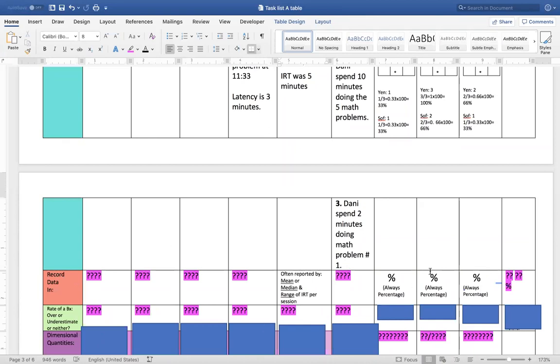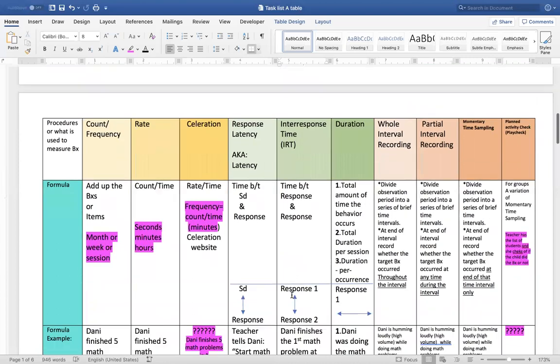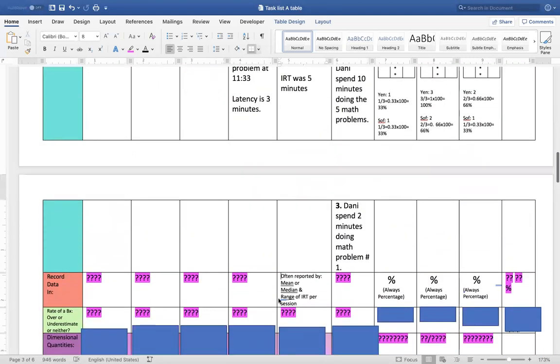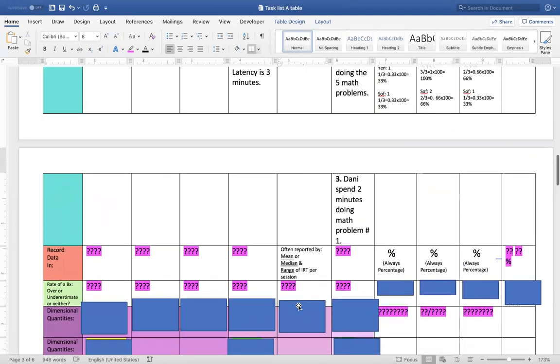We already said that we record percentage for the time sampling runs, right? And this one I'm pointing at is for IRT. If anybody understands it, then explain it to me. If not, we'll move on because I don't fully understand that part.